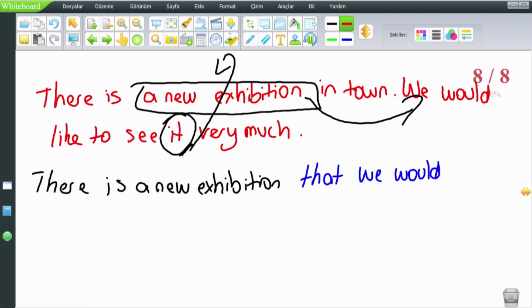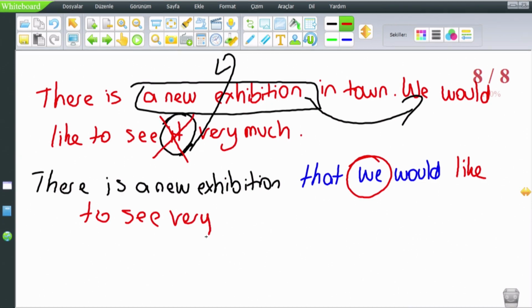But this time I used the subject because, again, our common figure of speech is not in the subject position. We would like to see. Now I omit it from the second sentence: very much. So what we have learned is it doesn't necessarily have to be the subject or the object of the sentence. It depends on the sentence or example we're talking about.